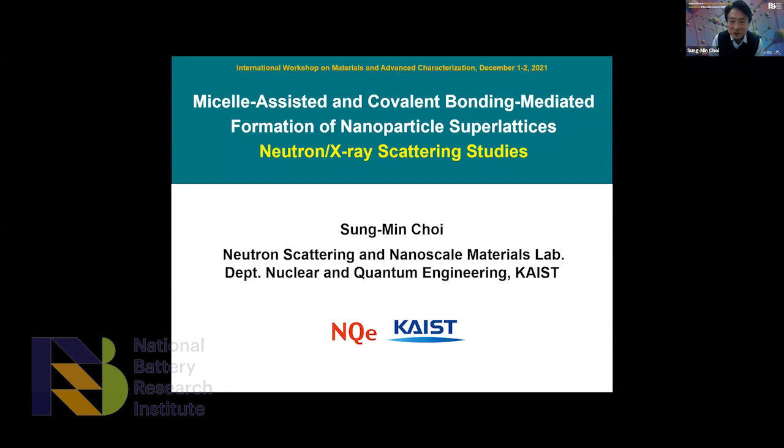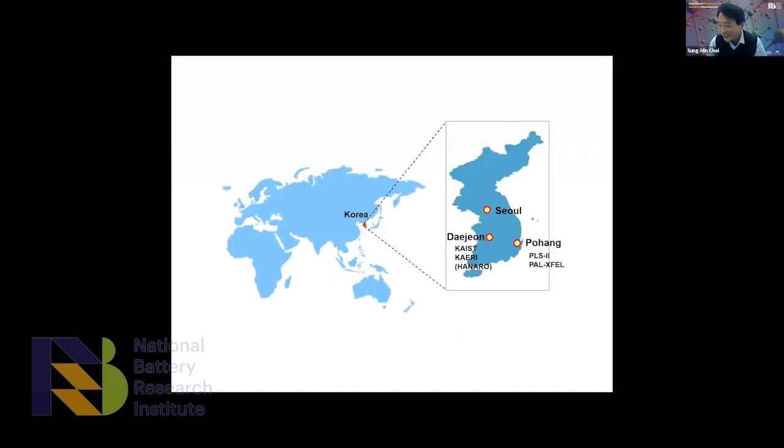I'd like to introduce recent research activities in my group, which use various techniques, including neutron and X-ray scatterings. Before I move on, let me show you where I am.